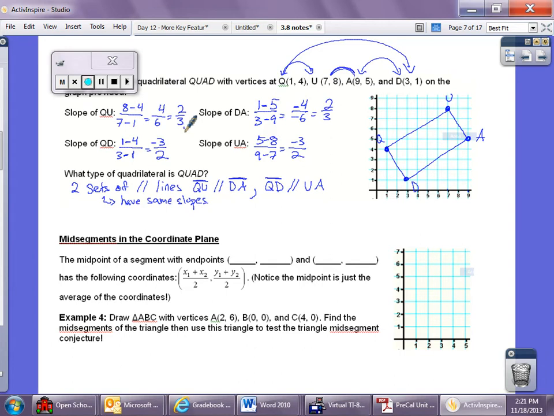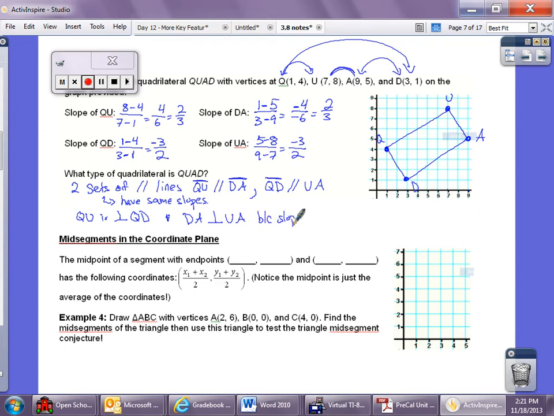So we know that QU is perpendicular to QD, and DA is perpendicular to UA because they have opposite reciprocal slopes.